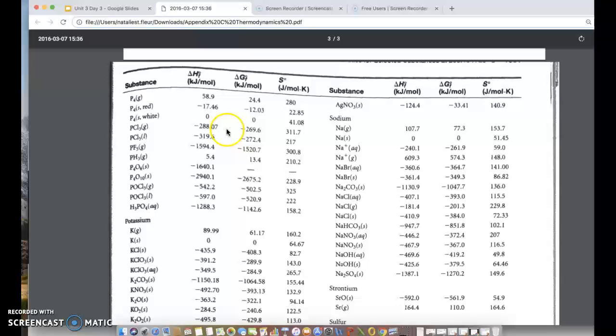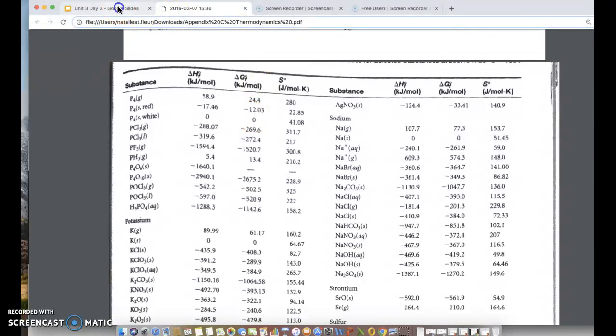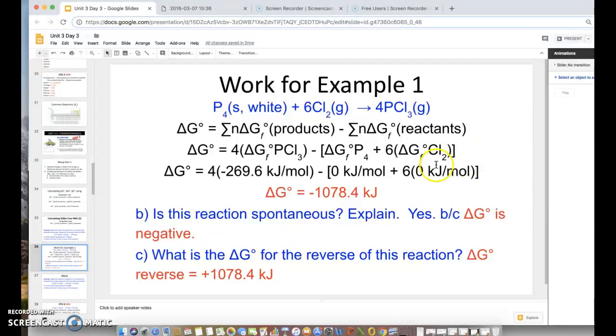The delta G standard formation for my product PCl3 is negative 269.6, and that's again kilojoules per mole. For P4 white, it's 0 because that's in the standard state. The other reactant, Cl2, is also in its standard state. If you looked up Cl2, you would see that it would be 0 kilojoules per mole.